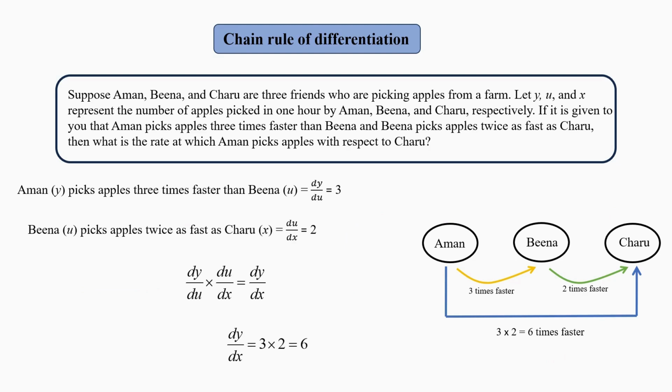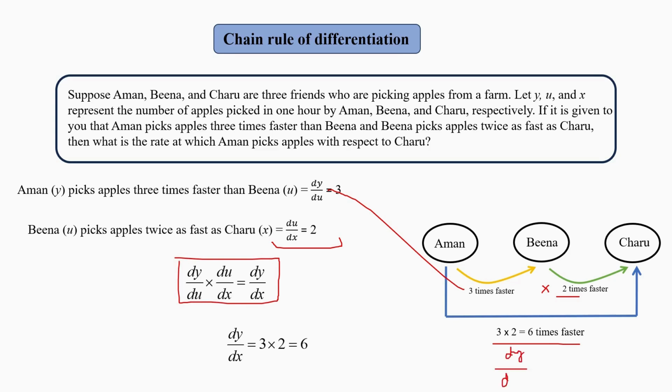Mathematically, what we actually did, we just multiplied 3 and 2. 3 was actually dy by du and 2 was actually du by dx, right? We just multiplied these two derivatives and we obtained 6 times, which we noted it was dy by dx, right? So this is actually our chain rule. I hope you have got the intuition of chain rule.